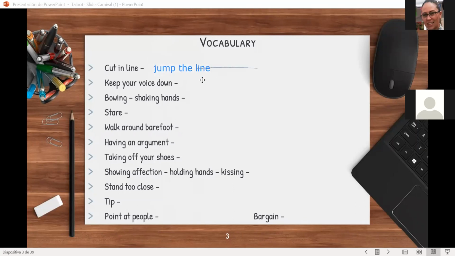Okay, so let's see. Keep your voice down. What does it mean? Erika, do you know what this phrase means? Keep your voice down. Teacher, like keeping your voice low or being a bit quieter.